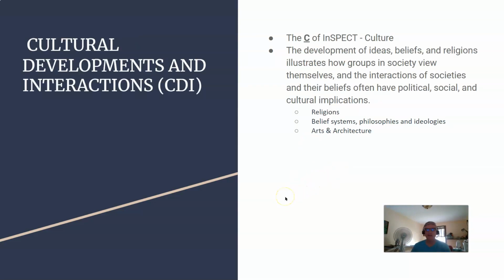Okay, the next one is culture, and culture is a very important element of AP World. This covers ideas, beliefs, and religions, how they develop, and how groups in society view themselves, and the effects their beliefs have on political, social, and cultural interactions. Again, they will mesh together in some of the examples on this chart.